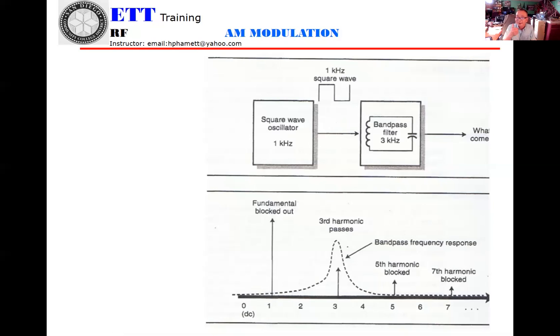That means you get the first, 1K, next will be the third harmonic, 3K, and the next will be the fifth harmonic, and so on. That's a square wave. Okay.